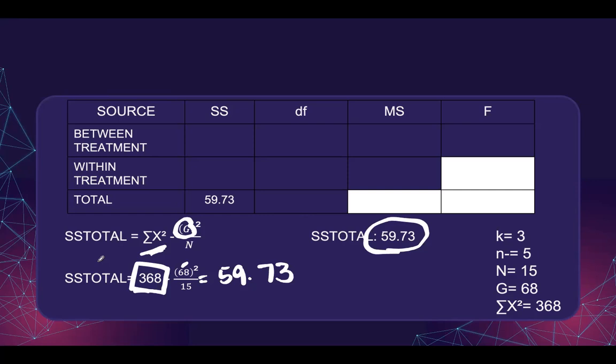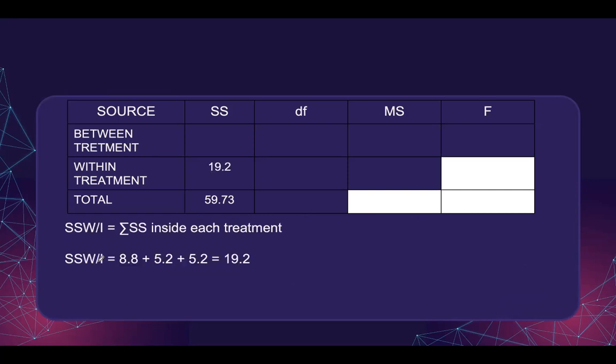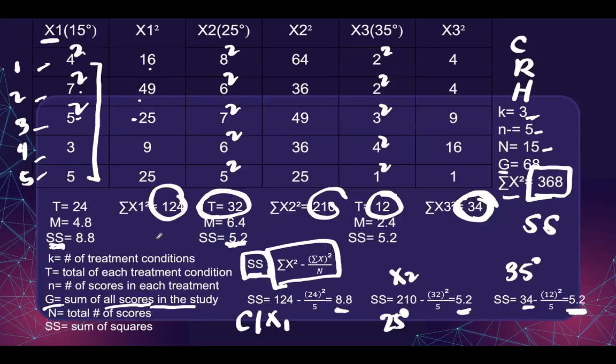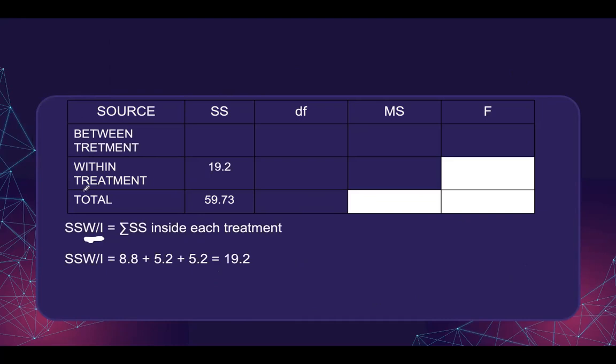Now, we will compute the sum of squares between the treatments and within the treatments, or within the groups and between the groups. To compute the sum of squares within the treatment, this is the summation of the sum of squares inside each treatment.